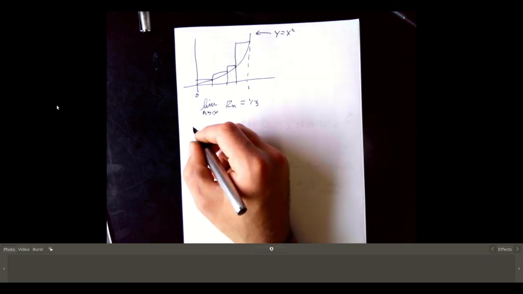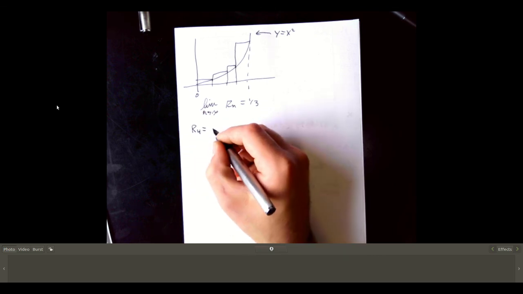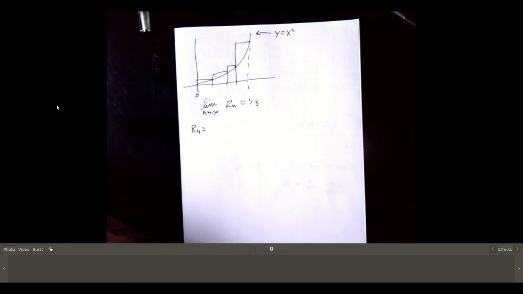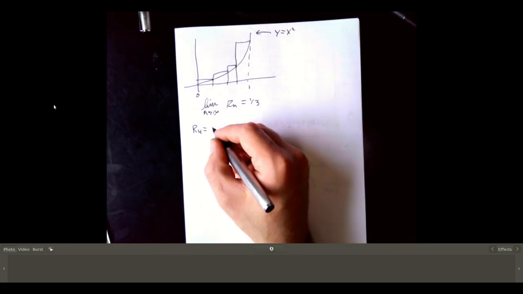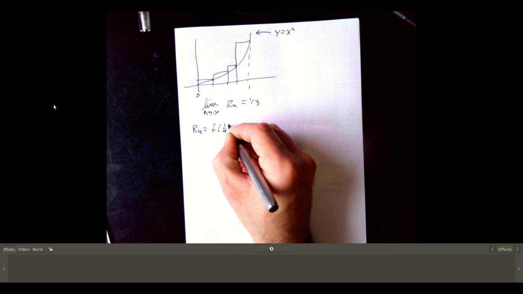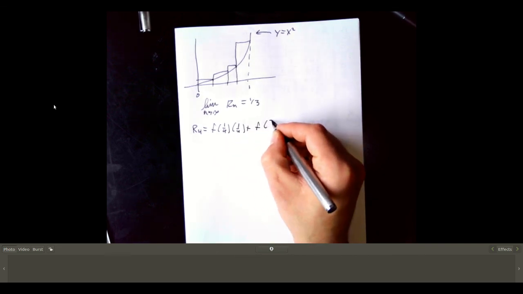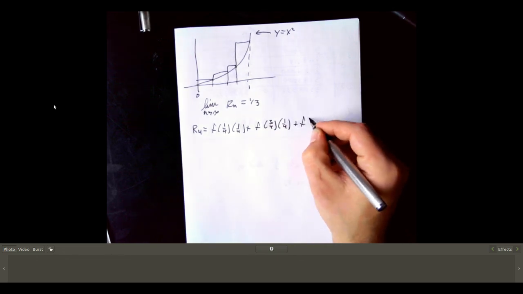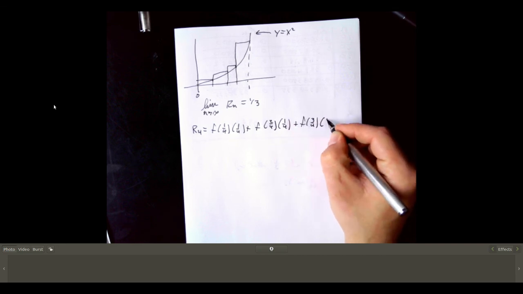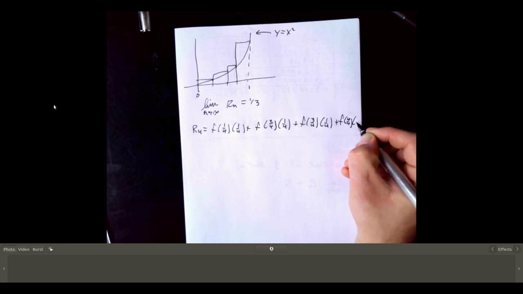For our first example, r sub 4 was equal to the height times the width, plus the height, and I'm going to write it as 2/4 times the width, plus the height times the width, plus the height, and I'm going to write it as 4/4 times the width.